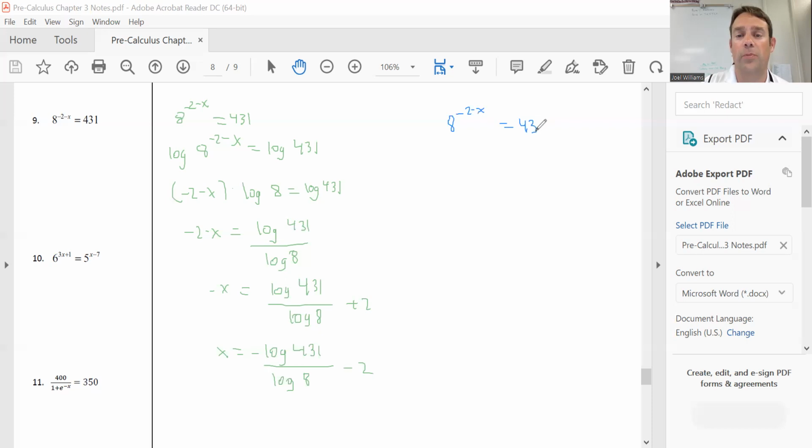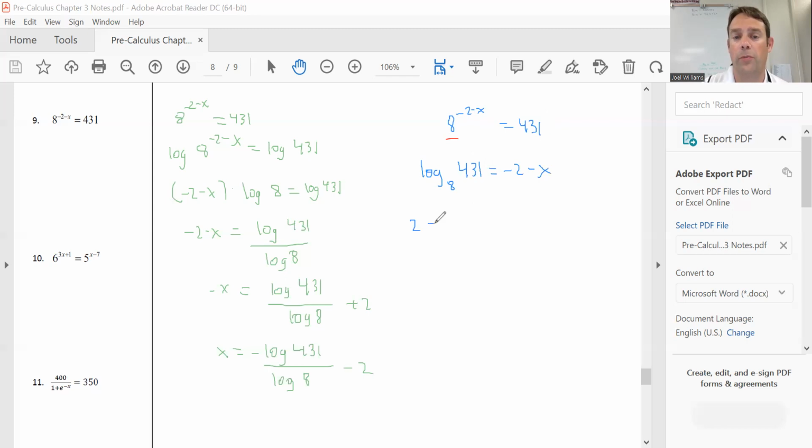So the other way we could have done it would have been saying I'm stuck in exponential form, so I'm going to go to log form. And if that's the case, then the base of my exponent would still be the base of my log. So I could have gone log base 8 of 431 equals negative 2 minus x.